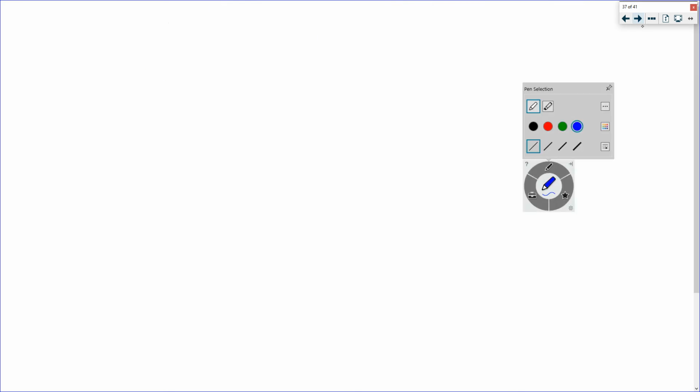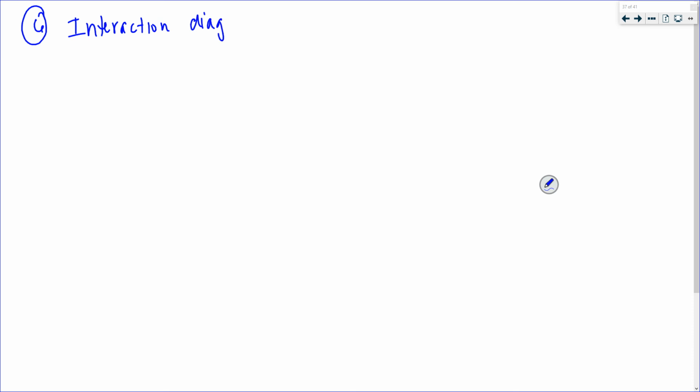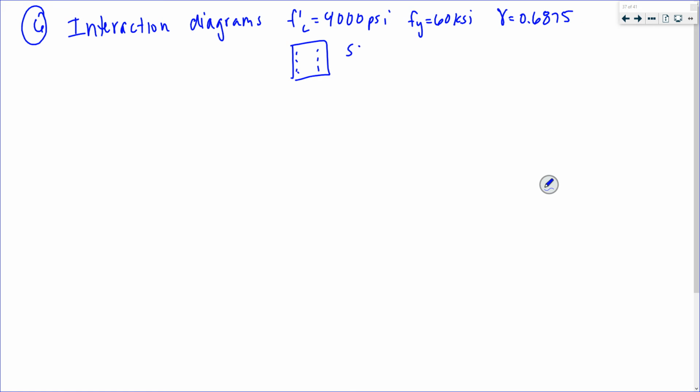So I'm going to go to the interaction diagram. I have f'c of 4,000 psi, an fy of 60 ksi, a gamma of 0.6875, and a square column with reinforcement on 2 faces.